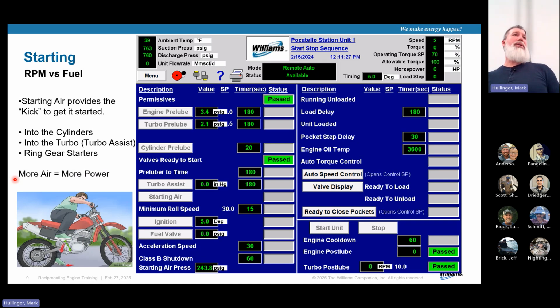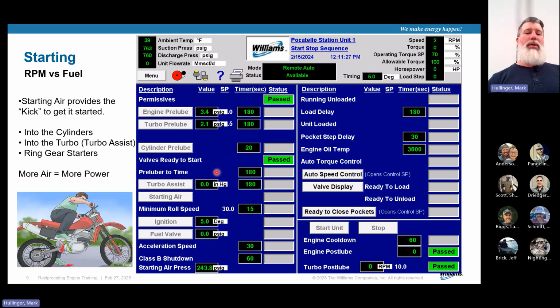What if you're not combusting? What if you're not producing enough air manifold pressure to sustain the turbo? Okay. So this is a list right here on the start screen where the engine starts to preloop, then the turbo's preloop and it gets up to a specified pressure under a certain amount of time.